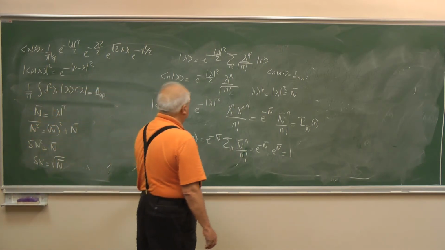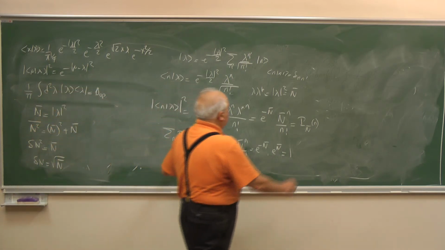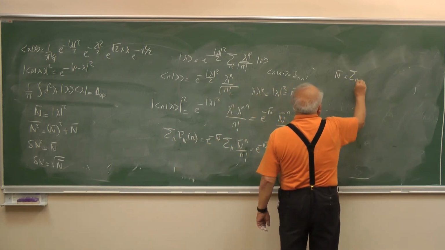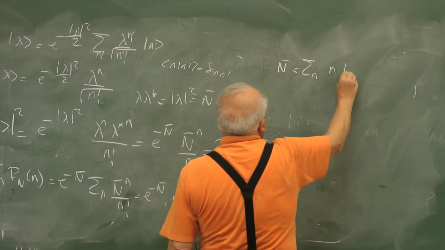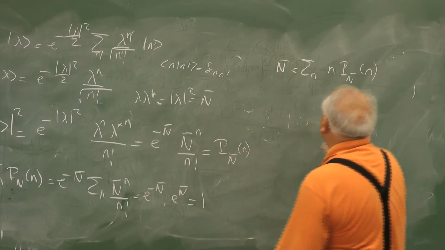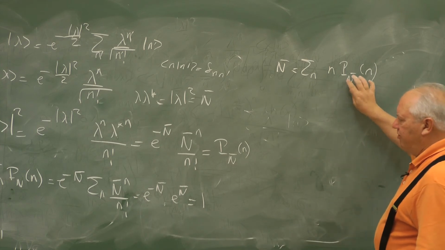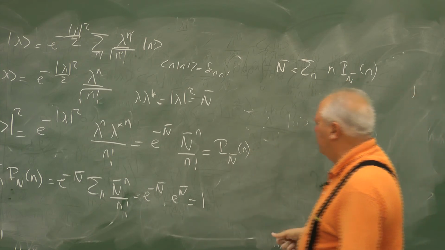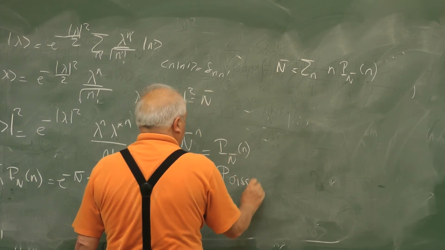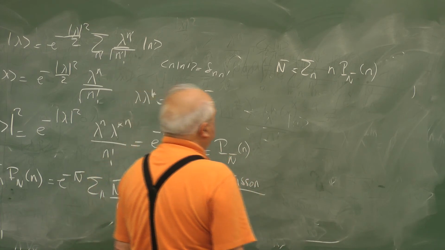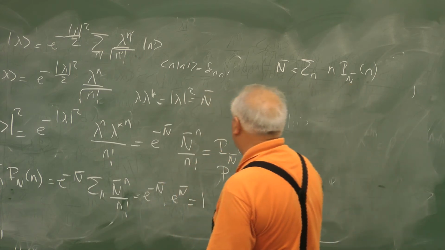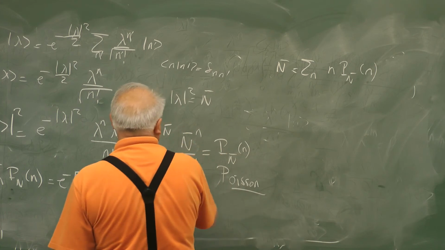Next, the average n is nothing but the sum over n of n times P n bar n, the probability distribution of n, which is given by the Poisson distribution.